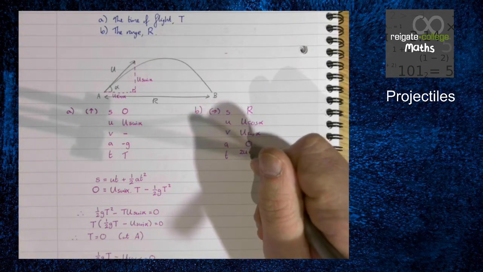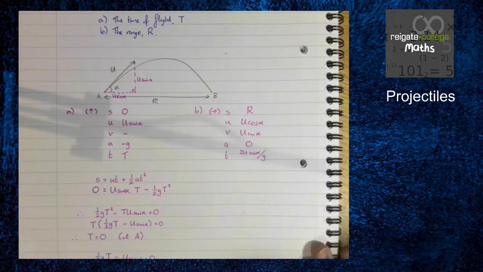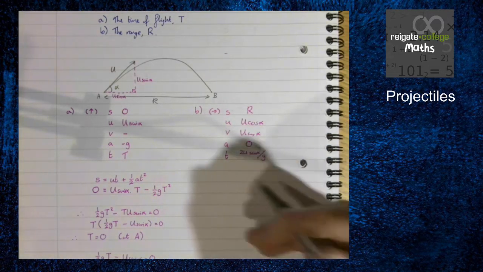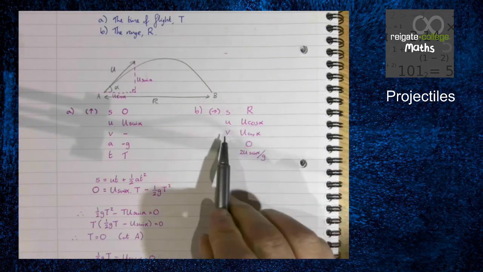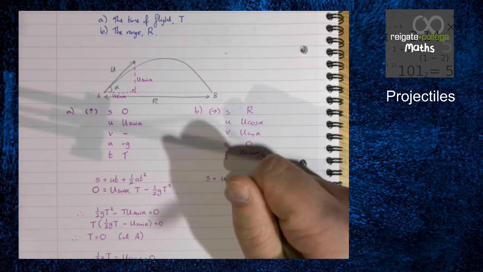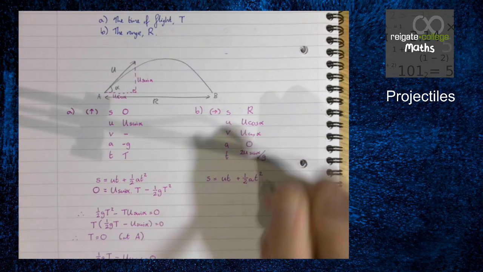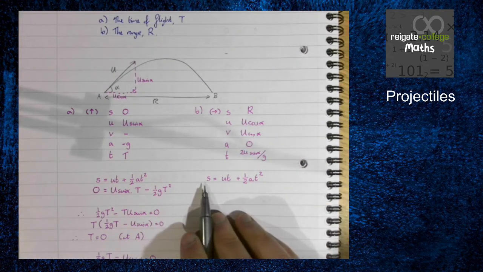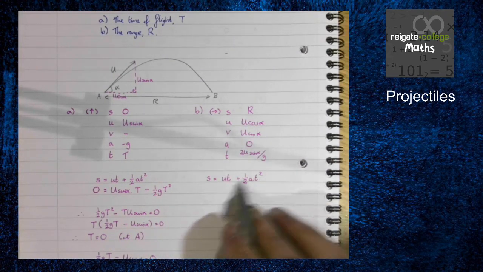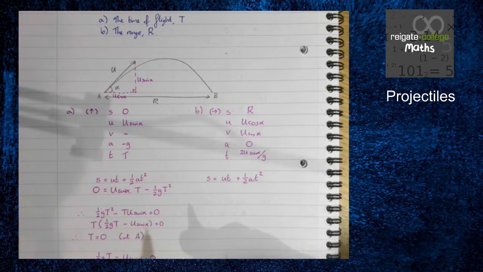We get 2u sine alpha all over g. Again, it's not very nice, but oh well. Then we want to try and avoid using v, so let's use the same formula again. s is ut plus a half at squared. So a is 0, so this bit's going to go, which is lovely, because that wasn't very nice.